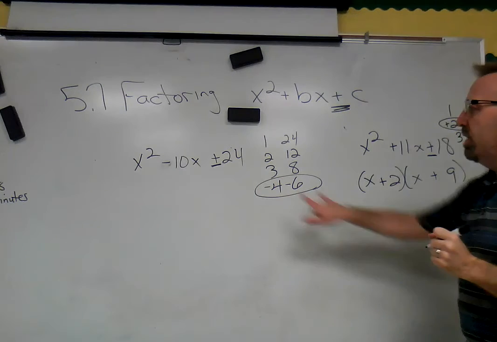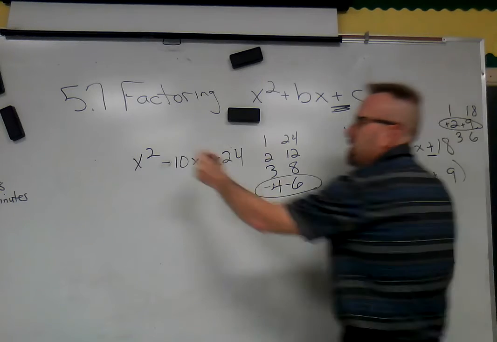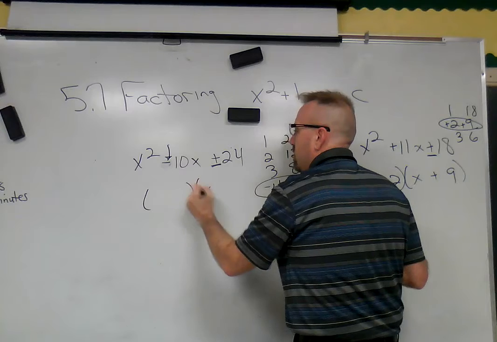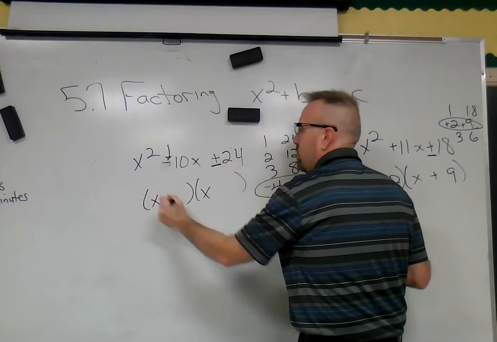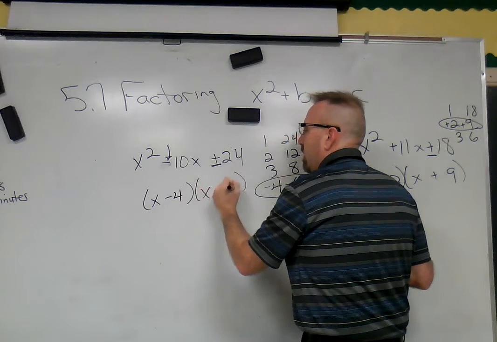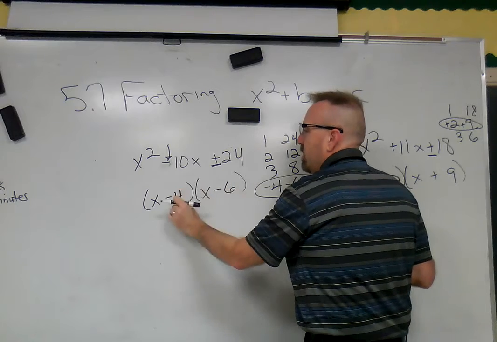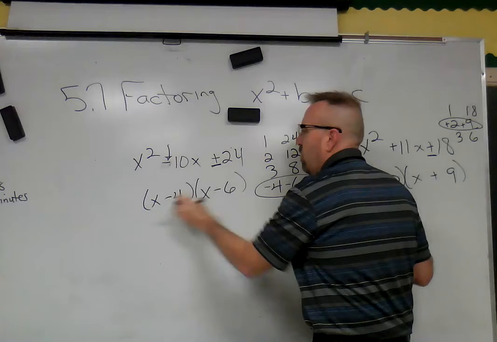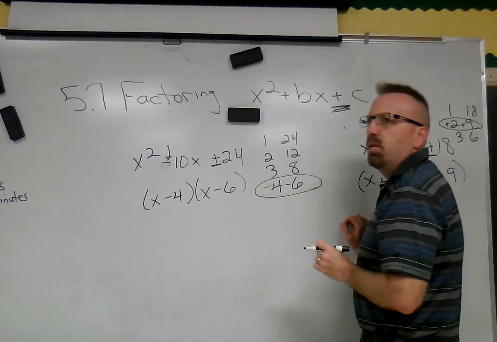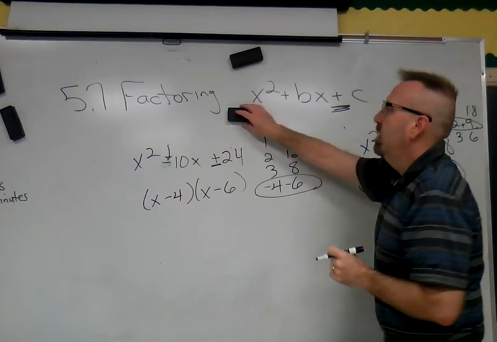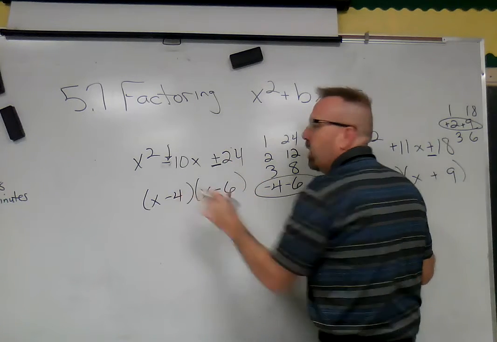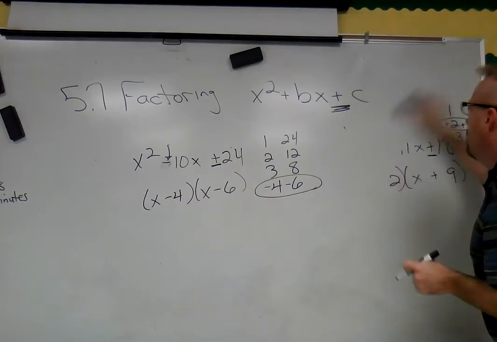So if we need a negative, both signs will be negative. This tells us what signs we need them to be in the parentheses. So x minus 4, x minus 6. Because what is negative 4 plus negative 6? Negative 10. What's negative 4 times negative 6? Positive 24. So if this is positive, they will be the same sign, whether it's both positive or both negative.